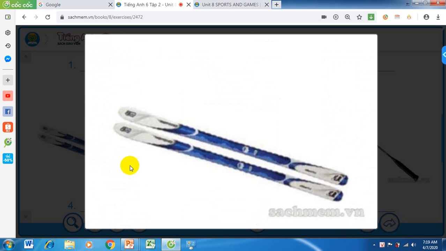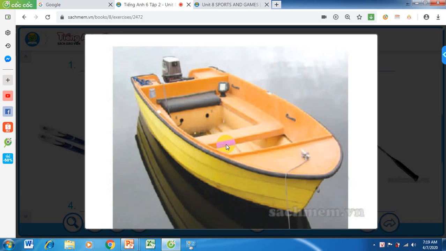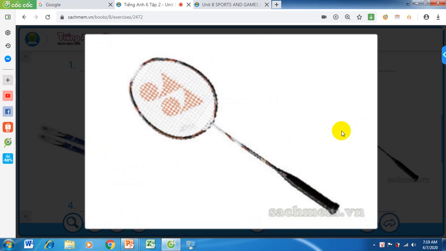Okay, number 4. What are they? They're skis. We use them in skiing. And what is it? It is a boat. We use a boat in sailing. And what is it? It is a racket.